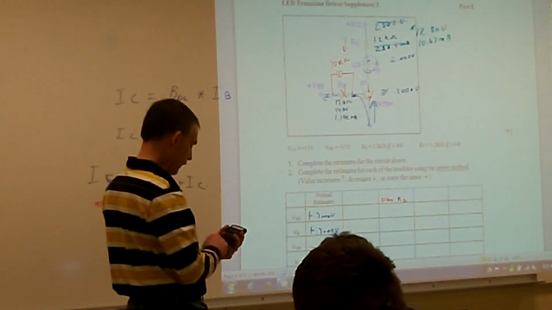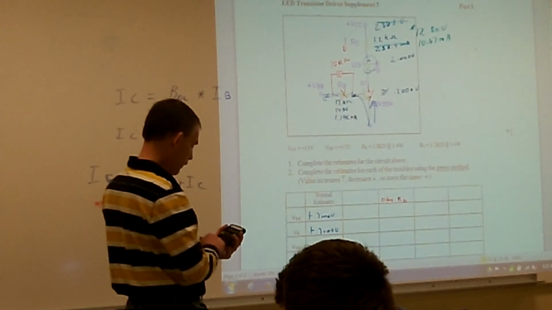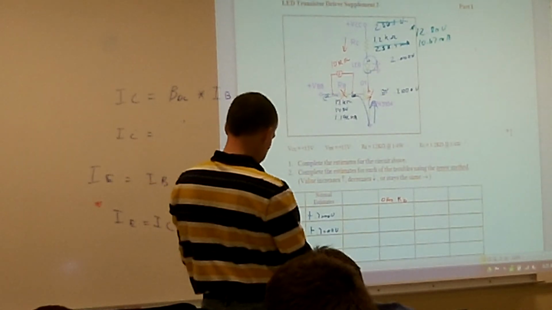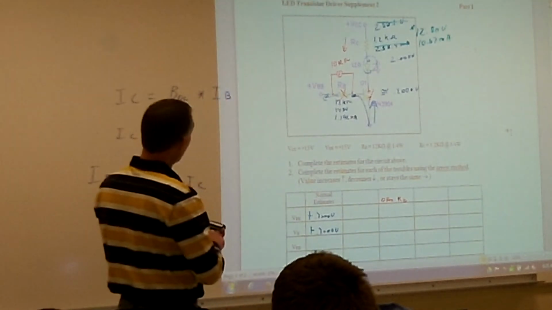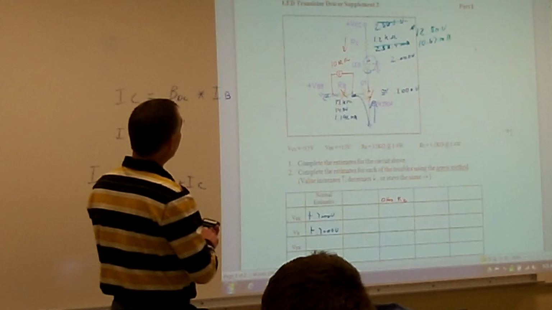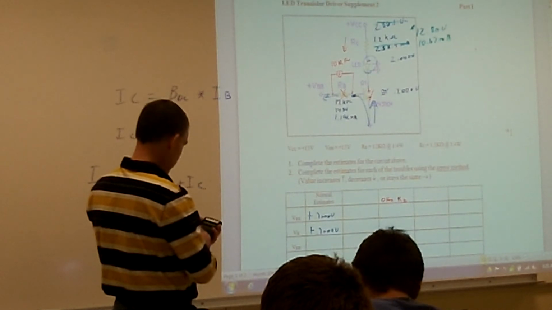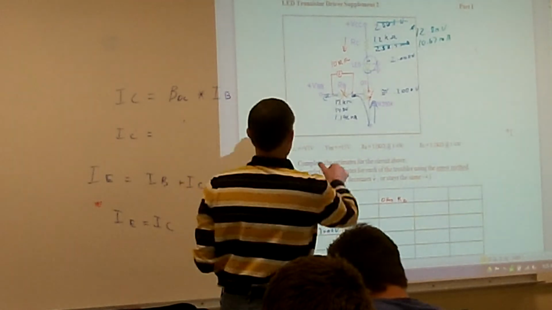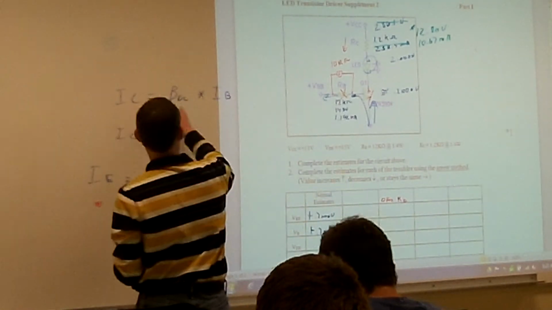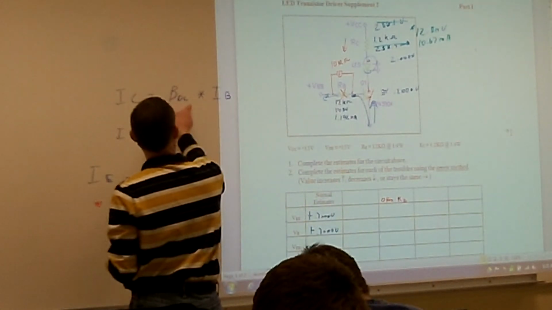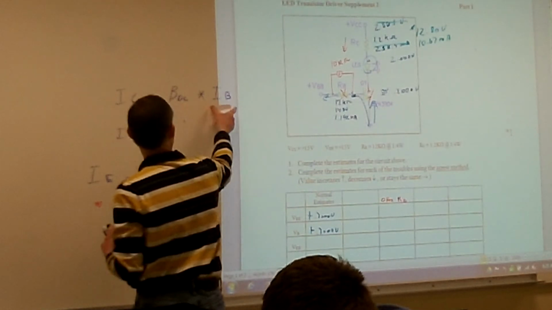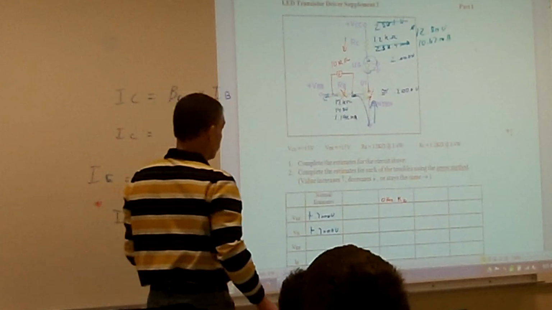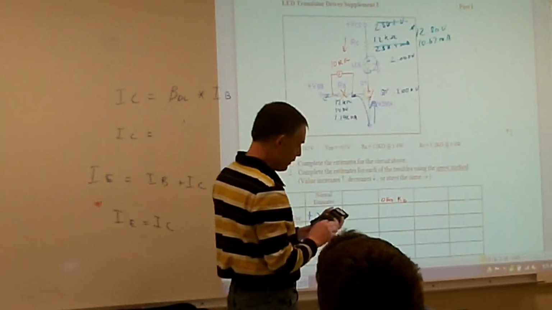So 14 microamps times 200 gives me 2.8 milliamps. My collector current would be 2.8 milliamps, because I'm just calculating IB times my beta. If I got 14 microamps on my base, I multiply by 200 to figure out what my collector current would be. That would be 2.8 milliamps.